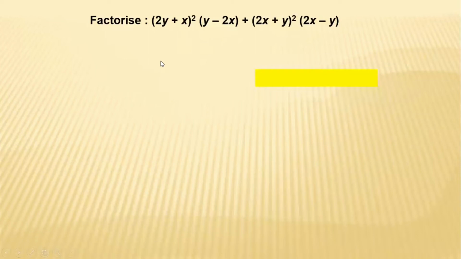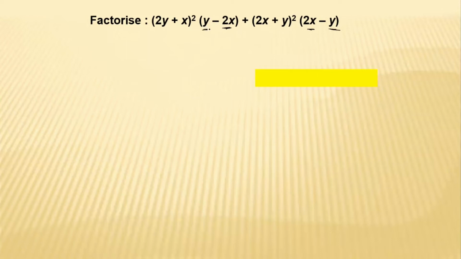Factorize 2y plus x the whole square multiplied by y minus 2x plus 2x plus y the whole square into 2x minus y. Now, when we compare this, you can see that these two things are here same. You have 2x here, you have 2x here, you have y here and y here. But this is y minus 2x, whereas this is 2x minus y.